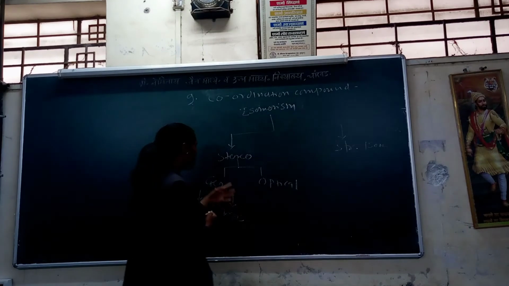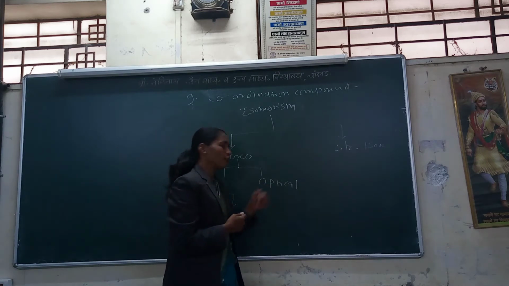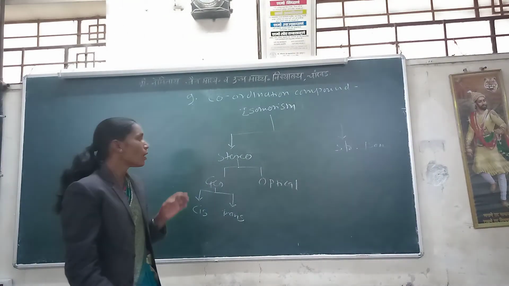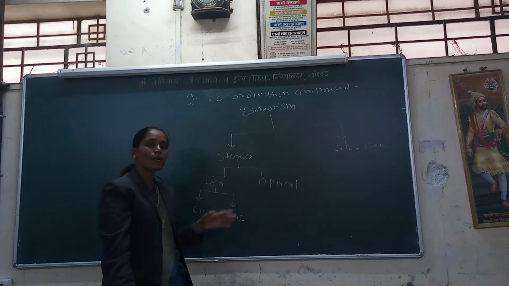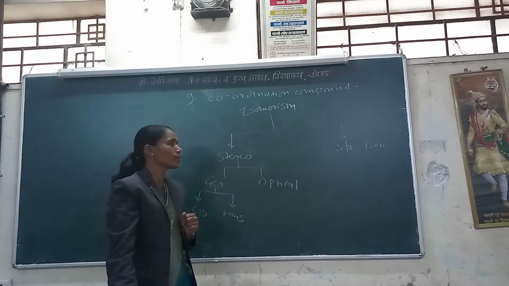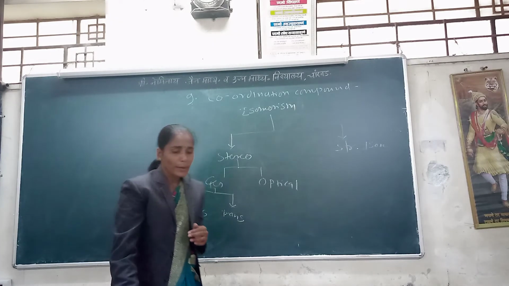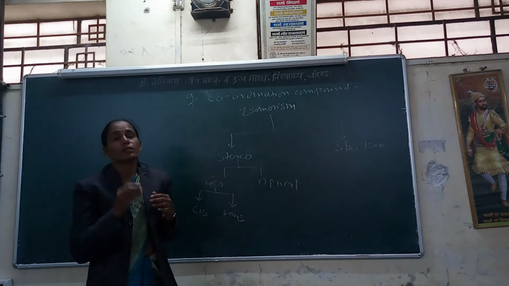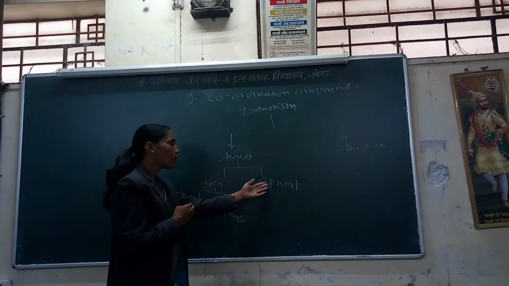After geometrical isomerism, we are going to start optical isomerism. Optical isomerism means isomerism having non-superimposable mirror images, or enantiomers. These isomers are also called enantiomers. Enantiomers means mirror images. An asymmetrical compound shows this type of isomerism.